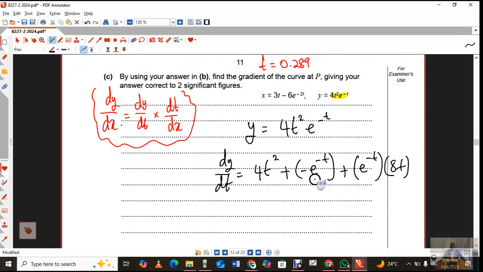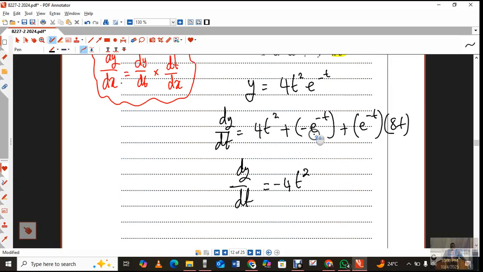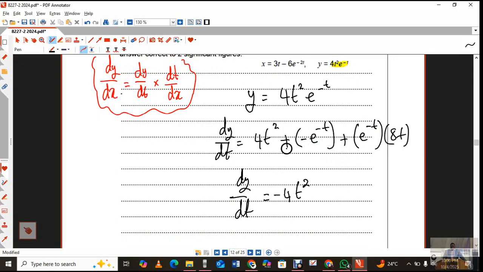Okay, let's clean it up. dy/dt is equal to negative 4t squared. Is it supposed to, let's write it separately. You see, negative 4t squared e. That's the thing. Why did I put a plus here?